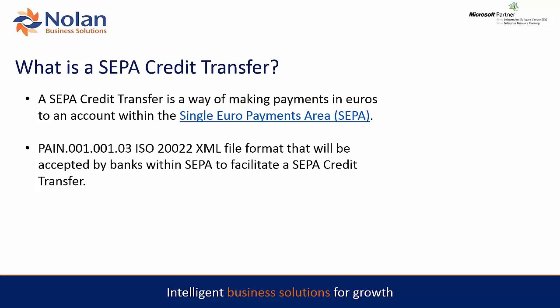Because it needs to be a standard method, the ISO standard 20022 documents apply, and specifically today we're talking about the PAIN 001-001-03 format, which is an XML file format that's accepted by banks within SEPA to facilitate the SEPA credit transfer.